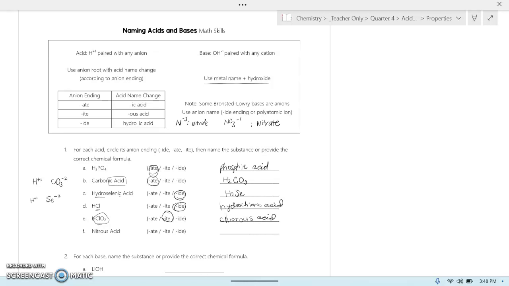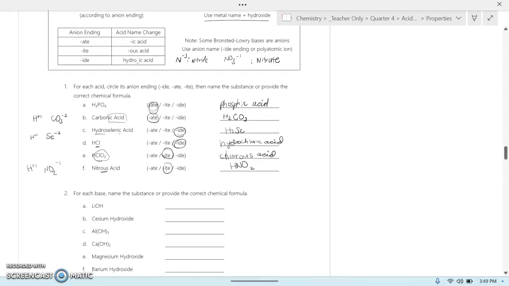And then our last one, we have nitrous acid. Ous is telling us it's an ite, always paired with hydrogen because it's an acid, and nitrite is NO2, -1. So our formula for this is HNO2. So there's our naming for acids.